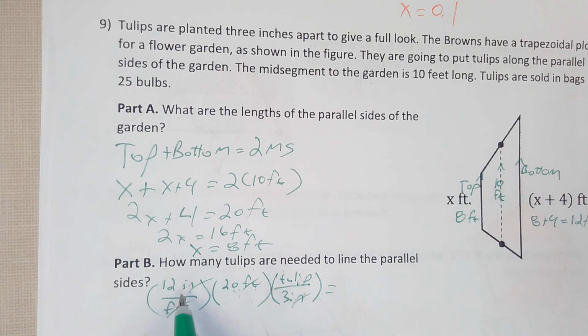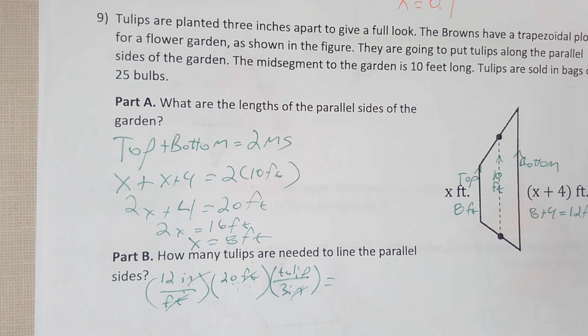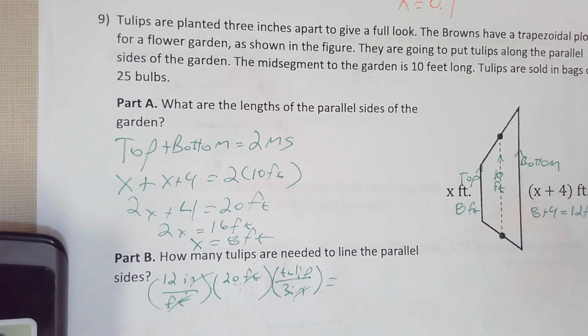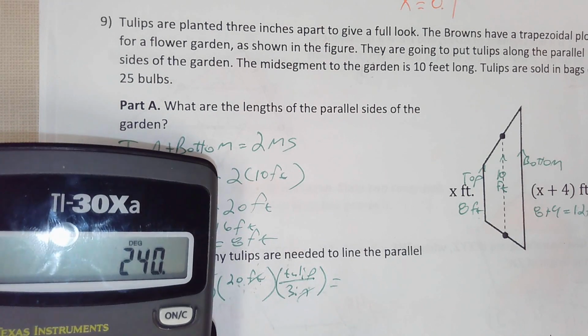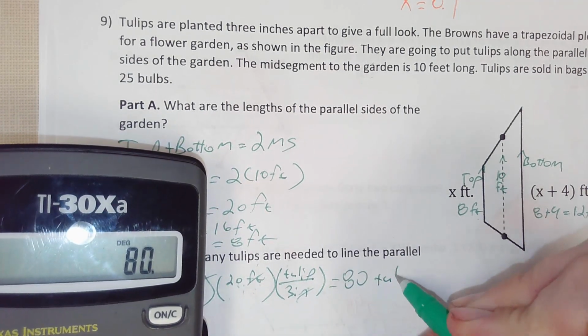All right, so 12 inches in a foot. I got 1 tulip every 3 inches, and then 20 feet that I got to cover. So that's going to be 12 times 20 equals 240, divided by 3. That's going to be 80 tulips.